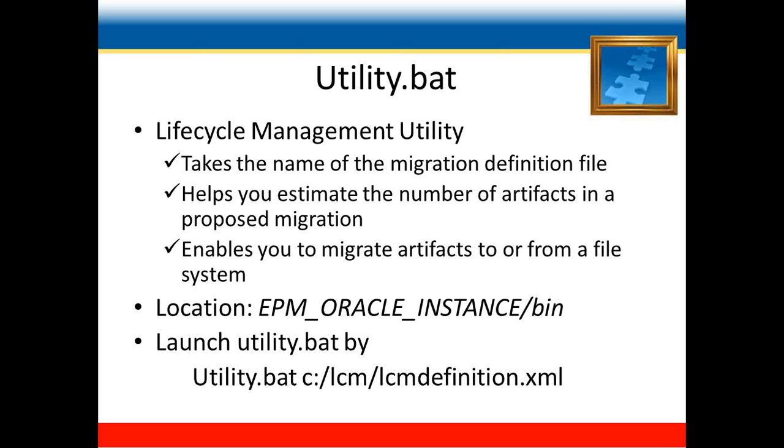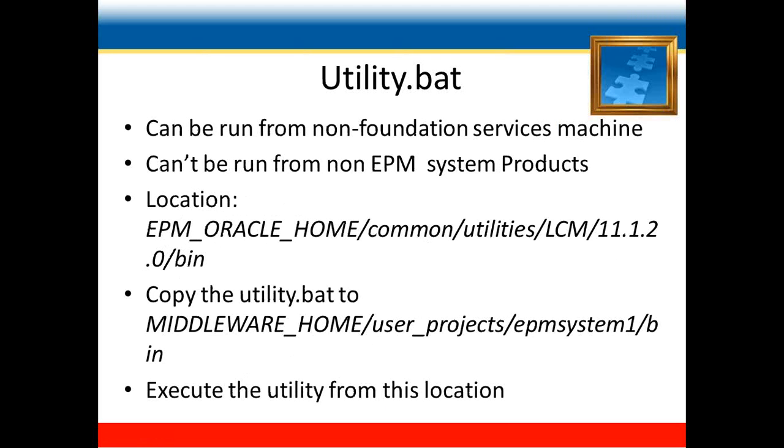Then this utility enables you to migrate artifacts to or from a file system. This can be located under the EPM Oracle instance bin directory. Then you will have to launch this utility by going to the command prompt and firing the command as shown here, which takes the migration definition file as the parameter.